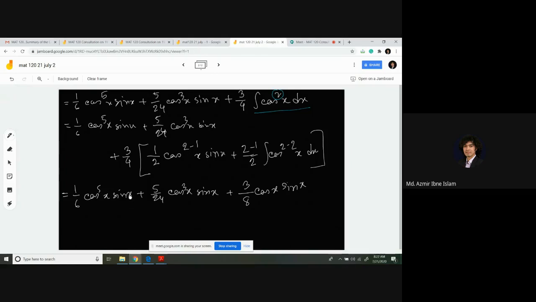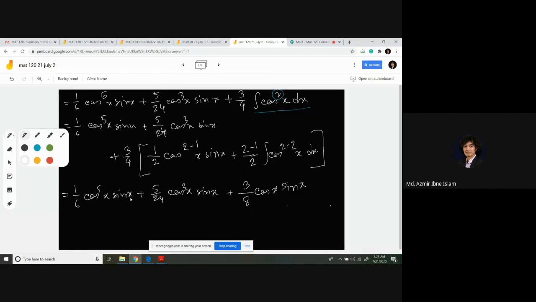Is that okay? Yes. Plus (2-1) is 1, so 1/2 the integral of cos^(2-2), that is 0, so cos^0 x dx. Now tell me, what is the value of anything to the power 0? 1. Anything to the power 0 is 1. So I'm not writing this directly, I'm writing it as the integral of 1.